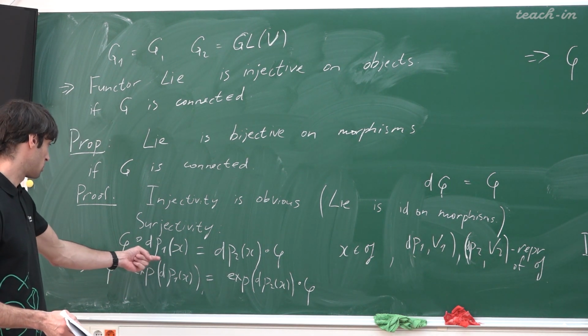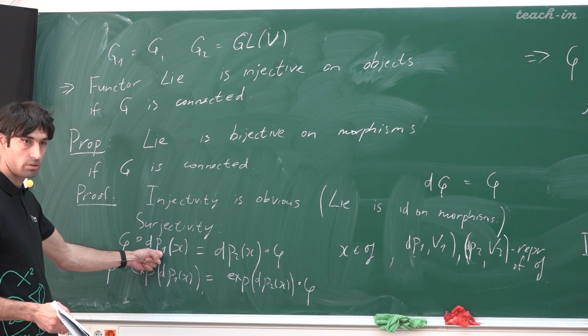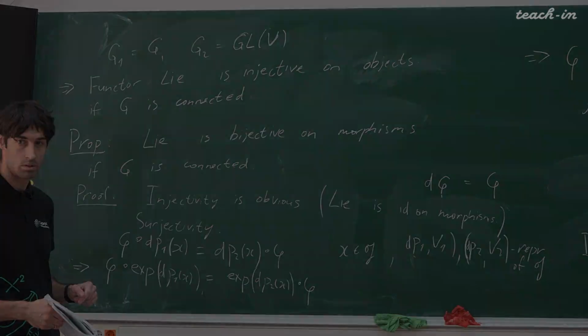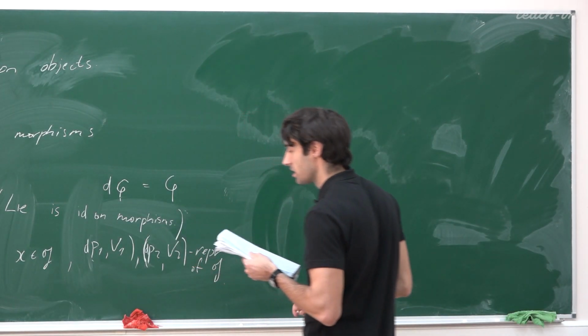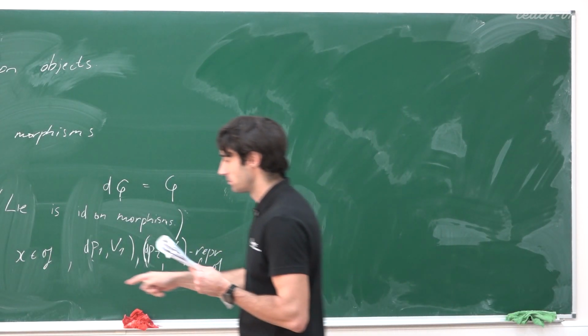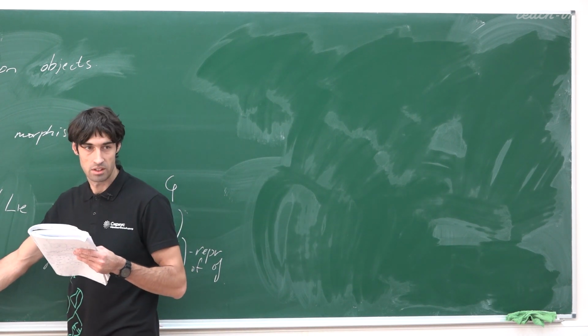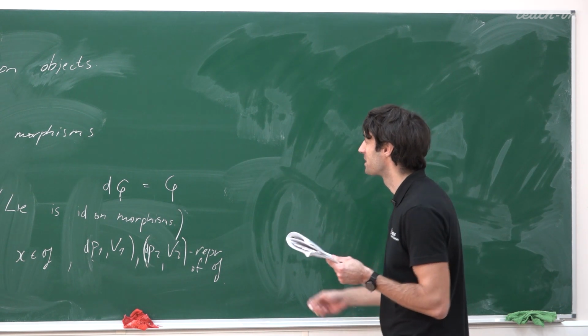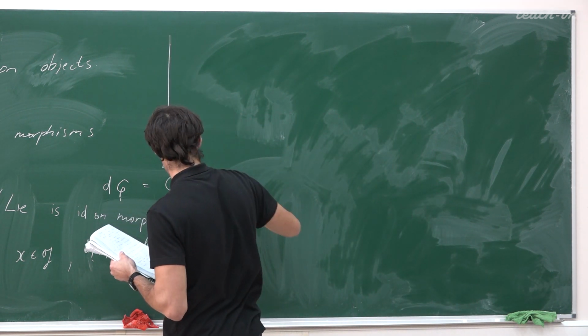Since phi commutes with d rho 1 of x, it commutes with every term in this series. Then I'm using functoriality of the exponential, or naturality; I don't know who likes it in which way better.